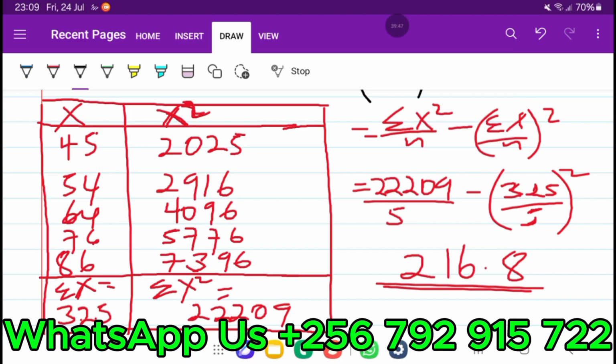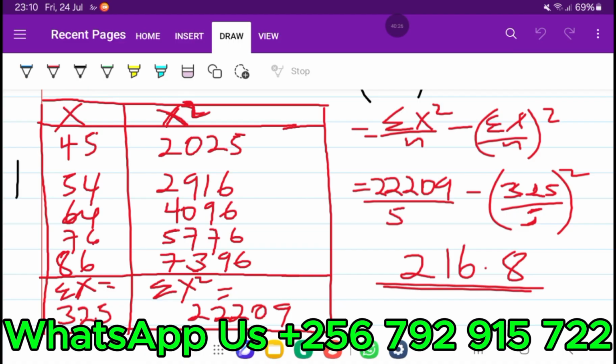Now, I want us to have the other formula for computing variance, but for grouped data set. When we are computing variance of a population, but this time round for grouped data set. Of course, that one all of us are familiar with.